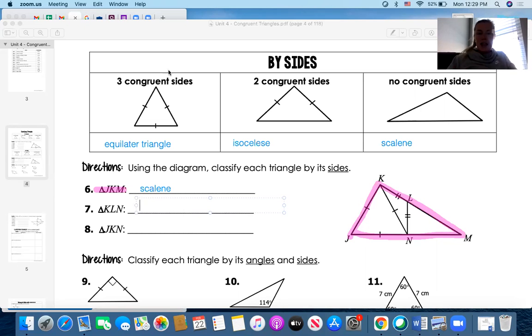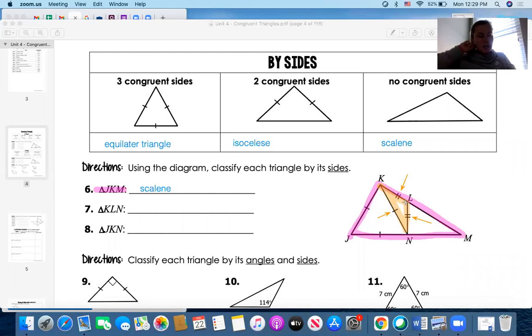Then we have KLN. When we look at this one, we have 2 sides that are the same. And you know that based on these little marks right here. We talked about this with angles, but we can talk about it again. Do you see how these have 2 marks on each side? And this one right here only has 1.